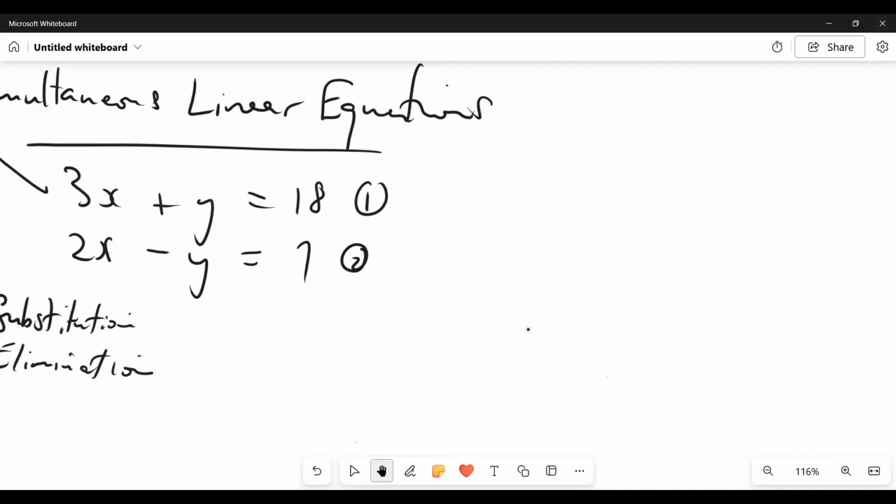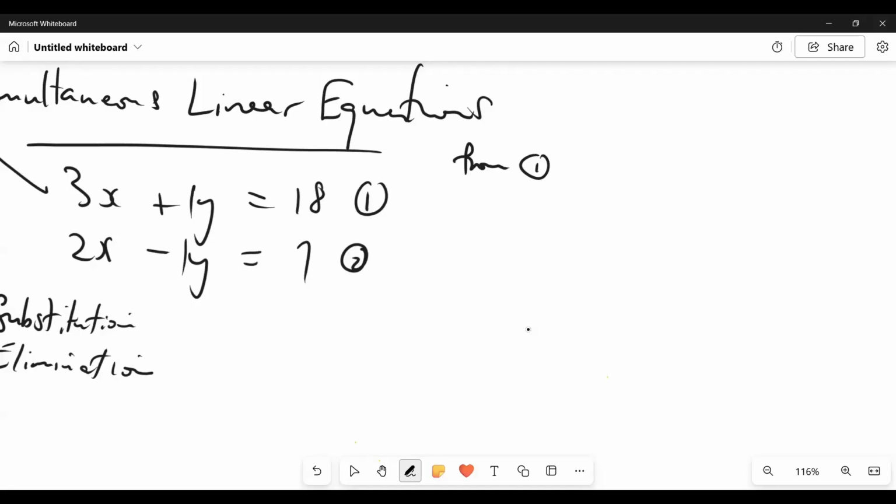Substitution works well when one of the variables has a coefficient of 1 in front. It lends itself to a smoother solution, right? So we can take any one of these. Maybe we can take equation 1.